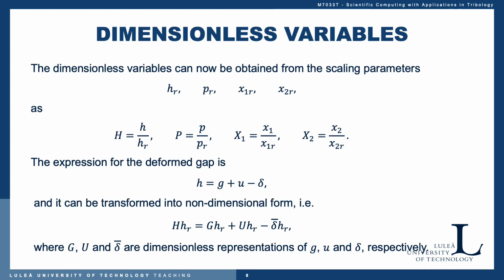The dimensionless dependent and independent variables can now be obtained by scaling them with the corresponding reference parameters. So, since the expression for the deformed gap is this one, we transform it to this expression where g bar, g_u bar, and delta bar are dimensionless representations of g, g_u, and delta, respectively.